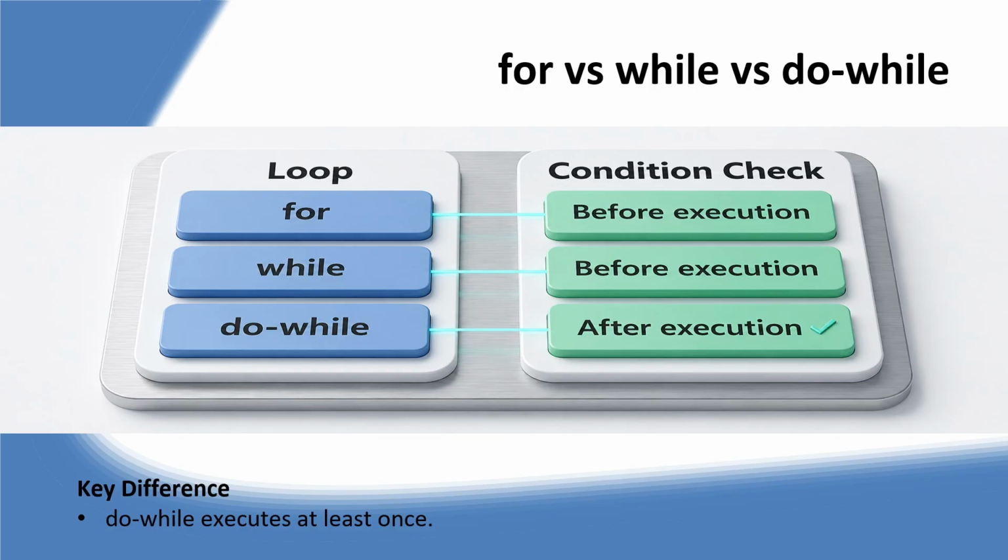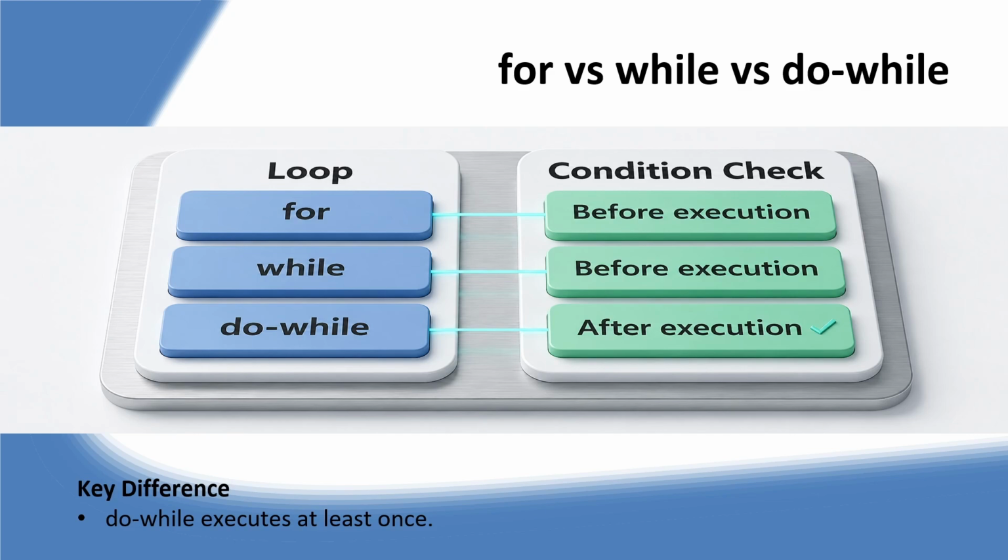As we have seen, the condition checking for for loop and while loop happens before execution of the body of the loop.